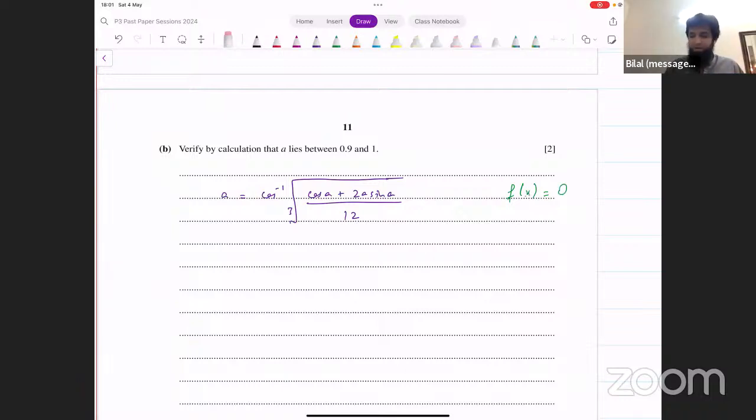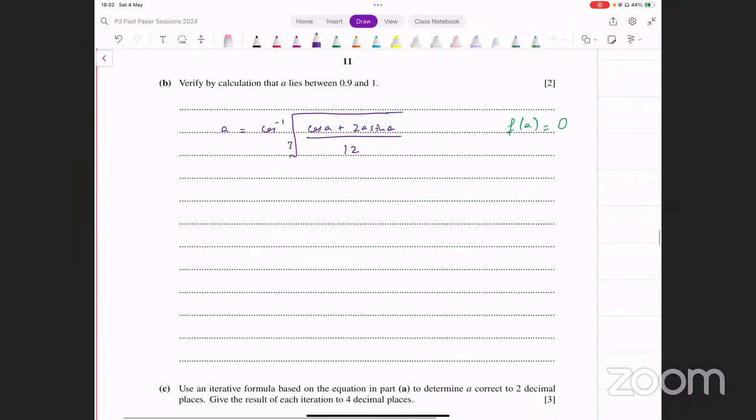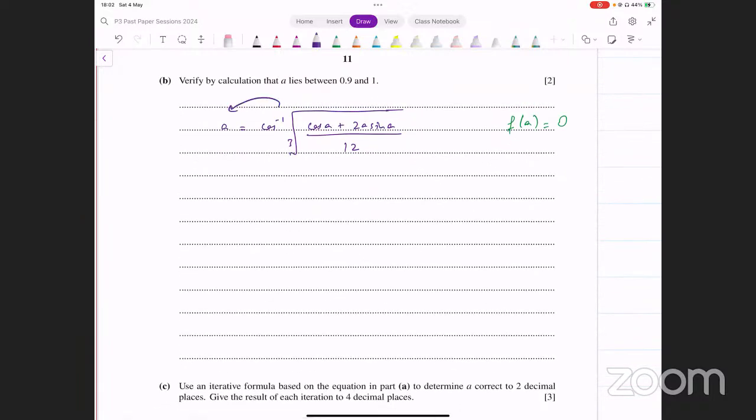In this case, the variable is a instead of x. So it's f of a equal to 0. You want this thing somehow. Now, how can you get f of a equal to 0? You want everything on one side. So it becomes a minus cos inverse of cube root of (cos a plus 2a sine of a) divided by 12.